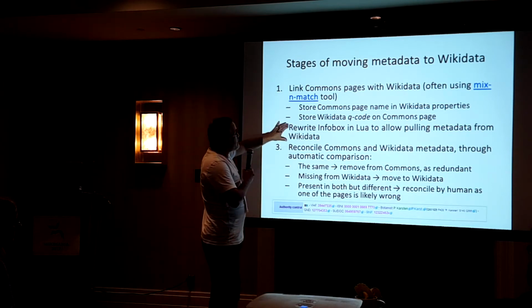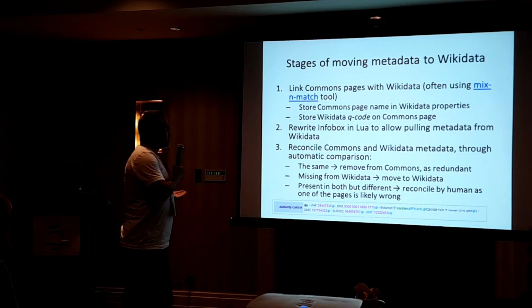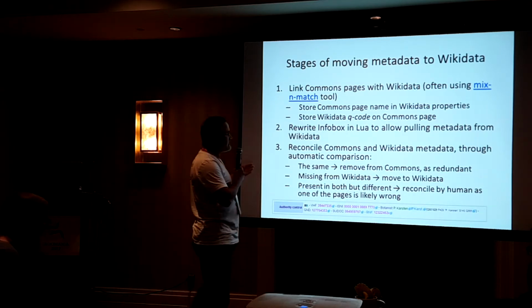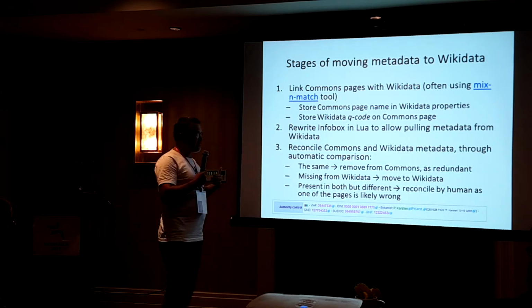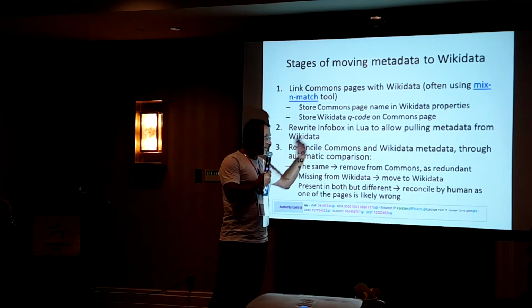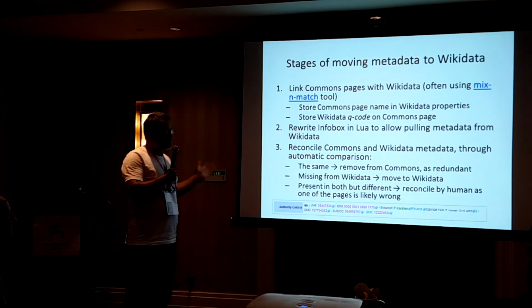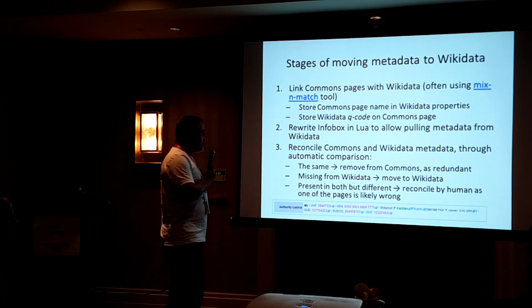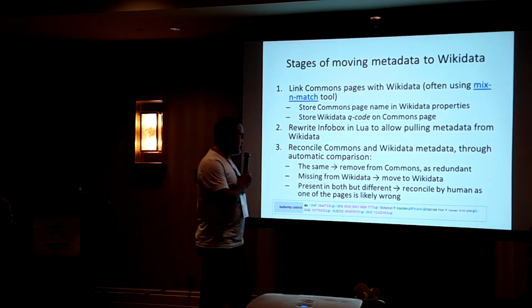We rewrite Infoboxes in Lua to allow pulling data from Wikidata, but we also compare the data that we have stored locally with the data that we pull from Wikidata. If they are the same, we just remove it from Commons, it's redundant. The final users don't see any difference. If it's missing on Wikidata, then we try to move it to Wikidata.